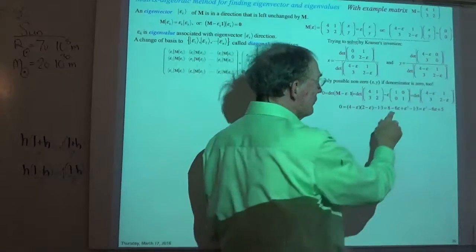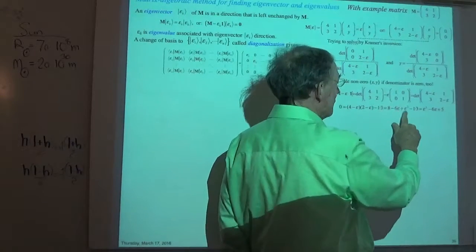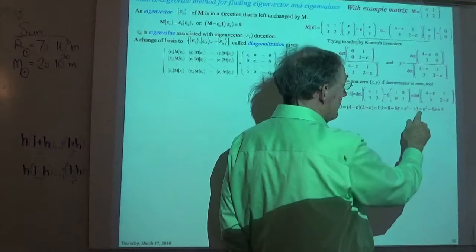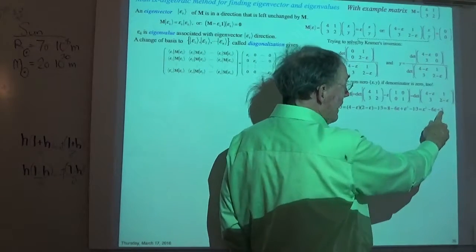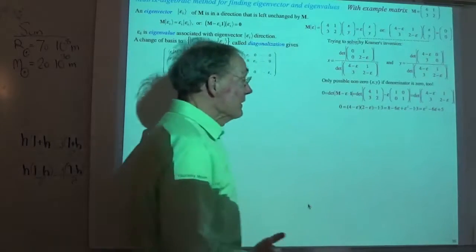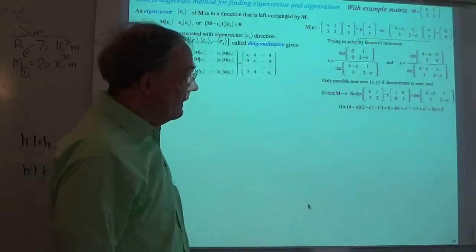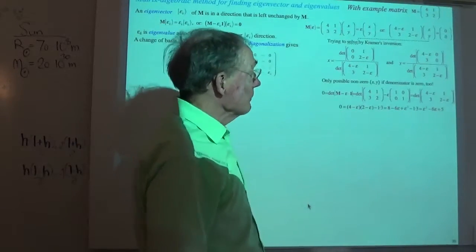And that gives you this thing right here. This is the polynomial 8 minus 6 epsilon plus epsilon squared. And then this is the 1 times 3 right here. This 3 has to be subtracted from 8 to give me 5, and then I have epsilon squared minus 6 epsilon. I've got to solve that equation, and the equation is essentially being solved right there. That's the thing that results.